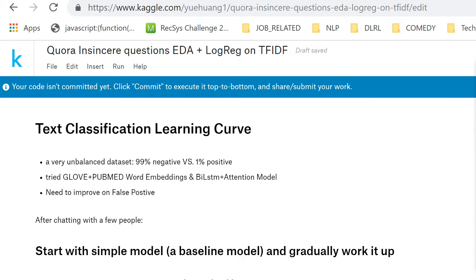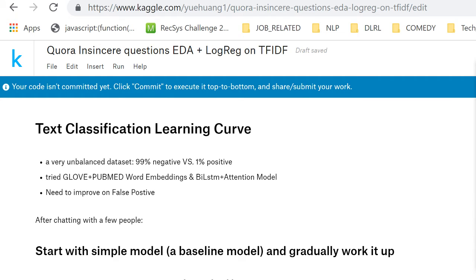And I started out by trying a BiLSTM plus attention model with GloVe plus PubMed word embeddings, which hopefully can incorporate some of the more domain-specific word embeddings. And the remaining work is to improve the false positive rate further.